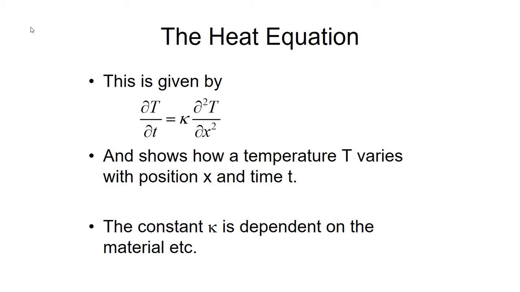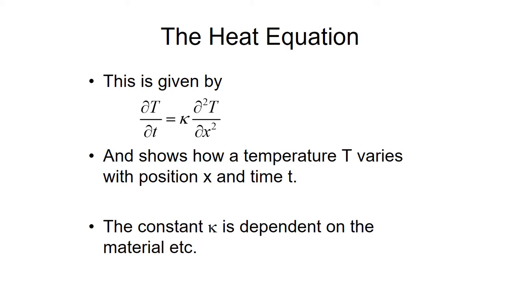It is also worth pointing out that as the only places that the temperature T appears here is within derivatives, it applies just as much to, for example, the centigrade or Celsius scale rather than the Kelvin scale, or also it applies to the differences between a given temperature and the ambient surrounding temperature.